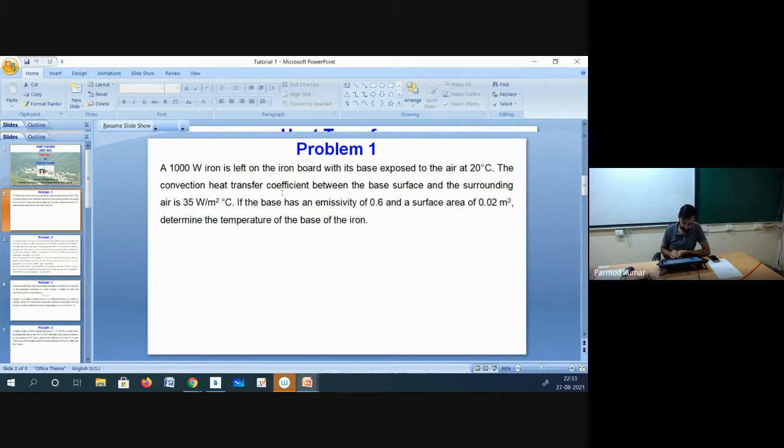The convection heat transfer coefficient between the base surface and the surrounding air is 35 watt per meter square degree Celsius. If the base has an emissivity of 0.6 and the surface area of 0.02 meter square, we have to determine the temperature of the base of the iron.